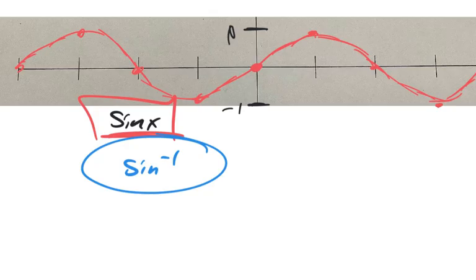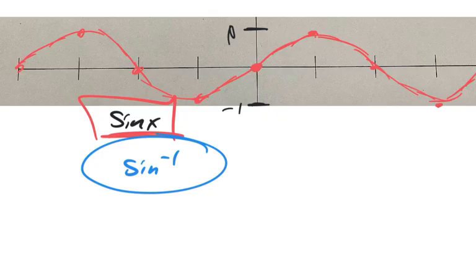You guys remember how we graph the inverse? What is the inverse of a quadratic? This is x squared. Square root. You remember what a square root graph looked like? It's like half of a sideways parabola.